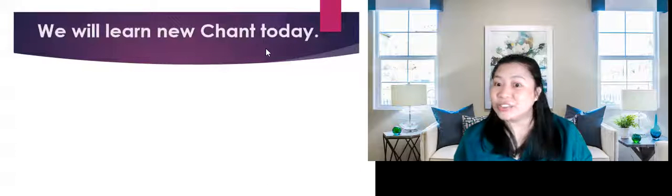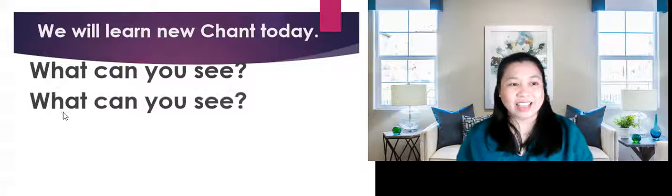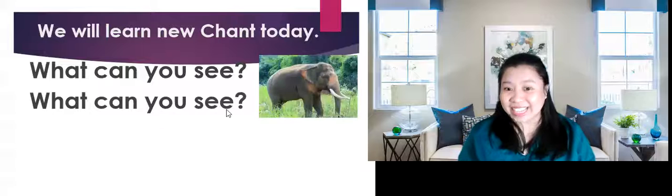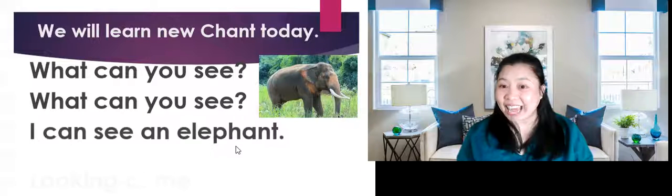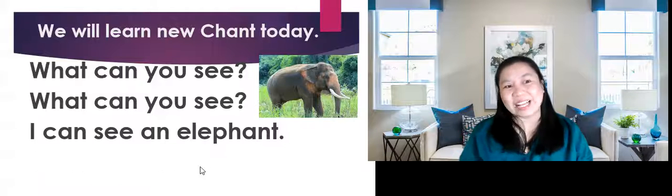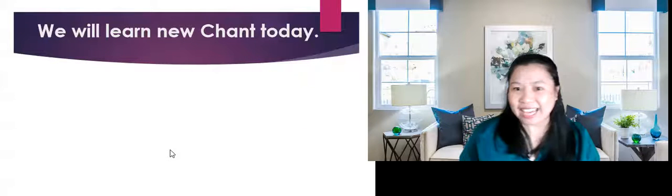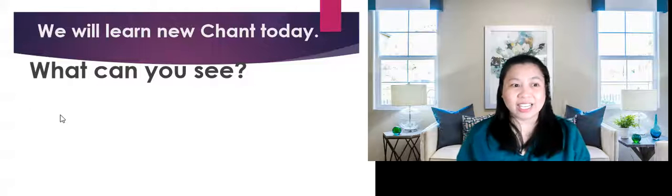We will learn a new chant today. What can you see? What can you see? I can see an elephant looking at me. Again, please. Let's repeat, okay? What can you see?